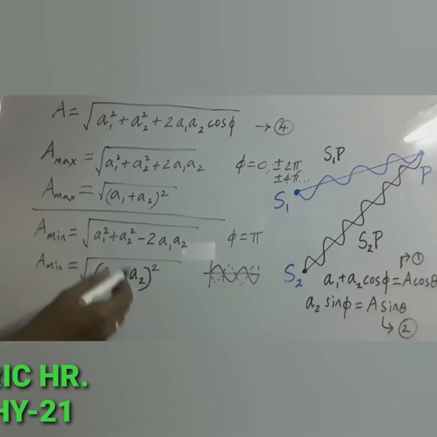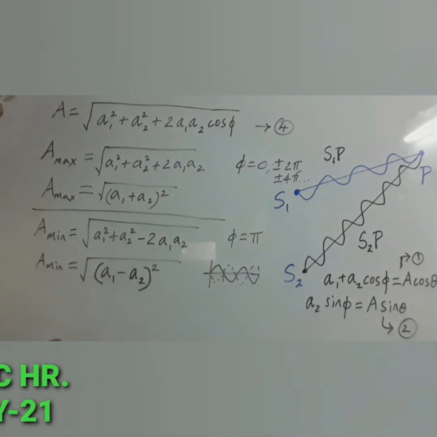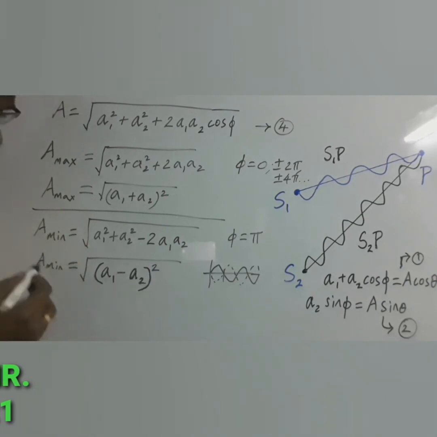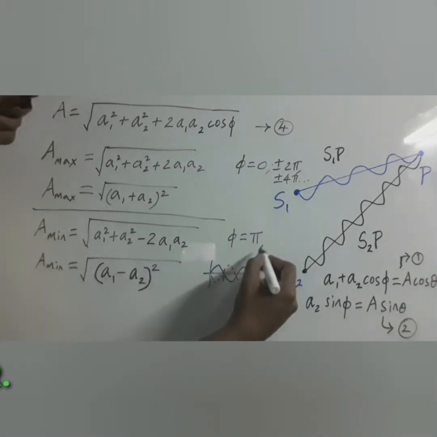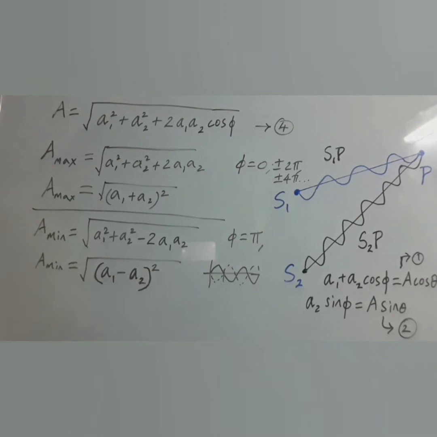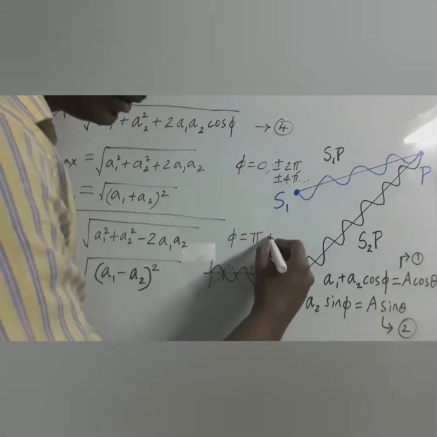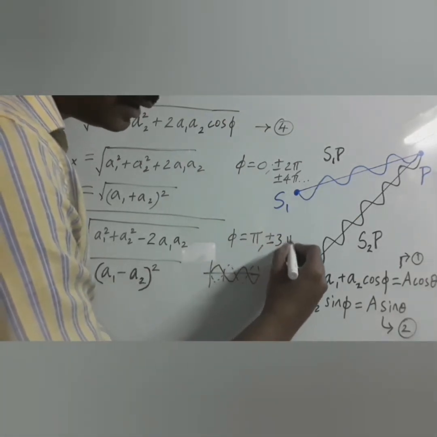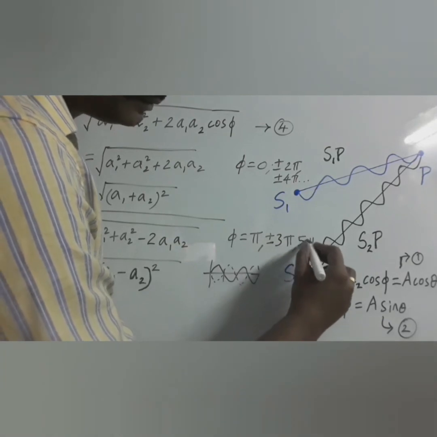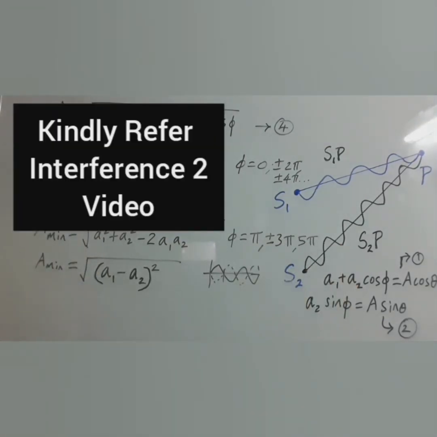Here we are going to find the difference between the amplitudes of the two waves. So definitely the amplitude value will be reduced, that is the minimum amplitude. Then we can extend the condition. Pi is the initial value, or otherwise it can be equal to odd multiples of pi, 3 pi, 5 pi. These are the conditions to get the minimum amplitude.